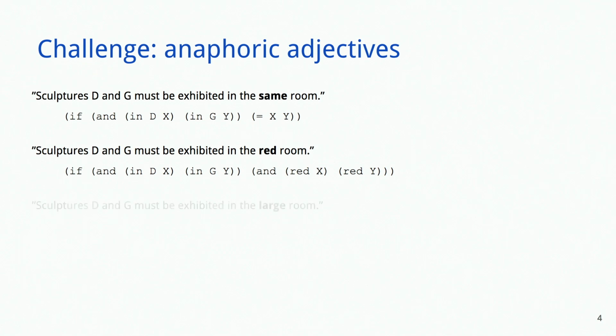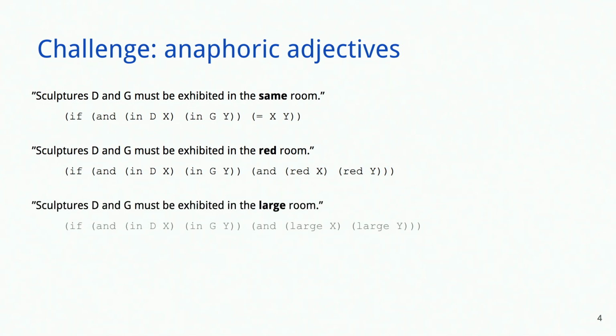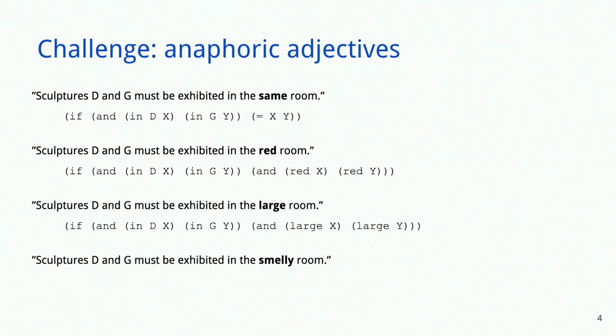And if I change it to large room or smelly room, it's going to have the same kind of semantics. It's going to be the same mapping into a logical form. Does everybody buy that? Do these logical forms look more or less right, putting aside issues like the definite determiner?